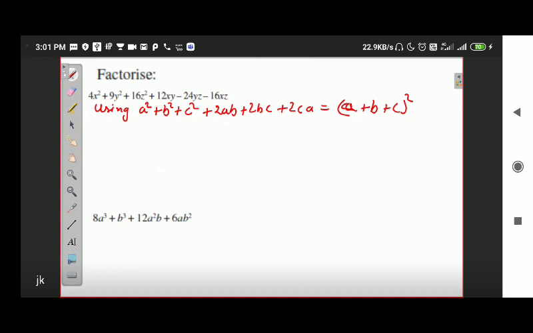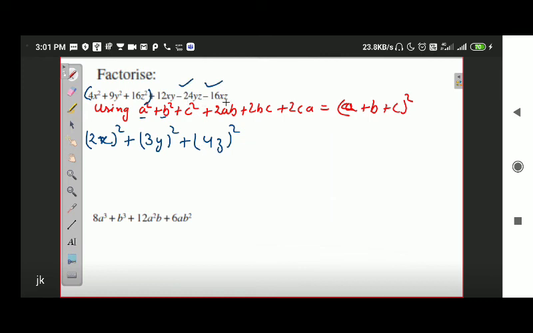First of all, we will convert the first three terms into the form of a square, b square and c square. So 4x square will become (2x) whole square, 9y square will become (3y) whole square, 16z square will become (4z) whole square. And after that we are going to check the sign of negative in the next three terms. For the negative, the last second term is negative and the last term is negative.